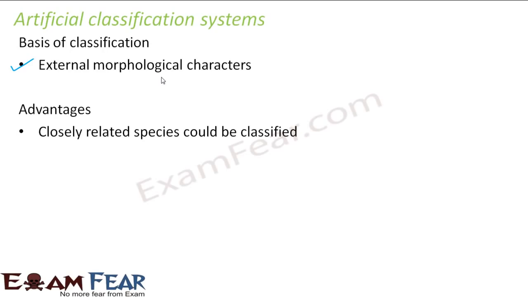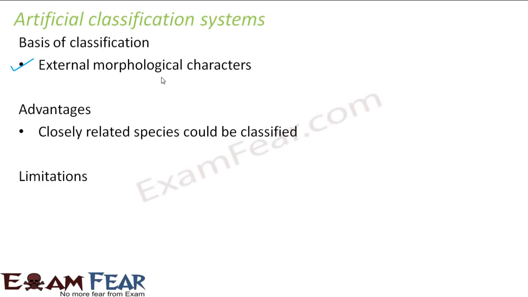In external appearance itself, they differ in many things. So such species could be classified, and closely related species were kept together. So some sort of classification was possible. At least something was better than nothing. We were doing some classification and that was good enough.